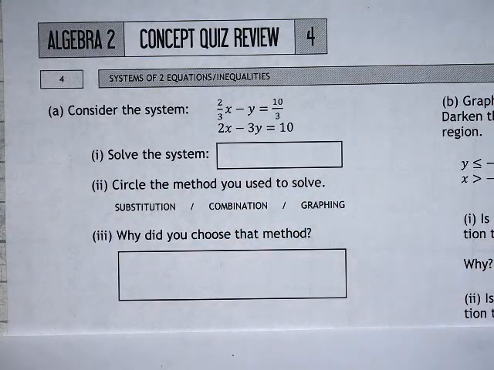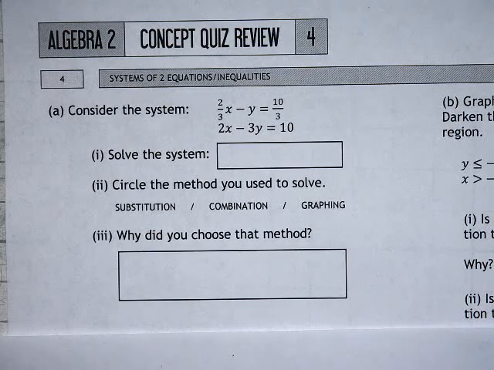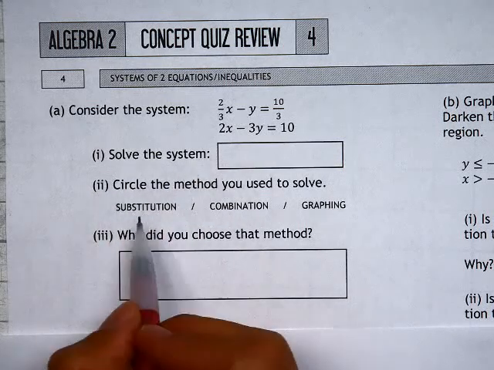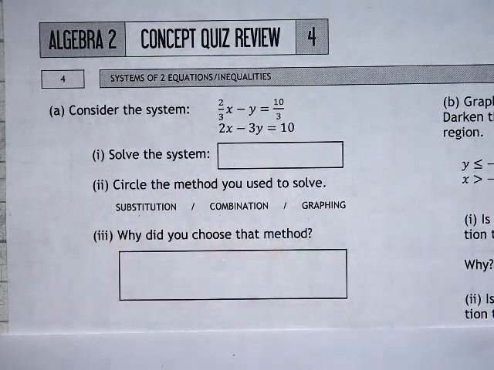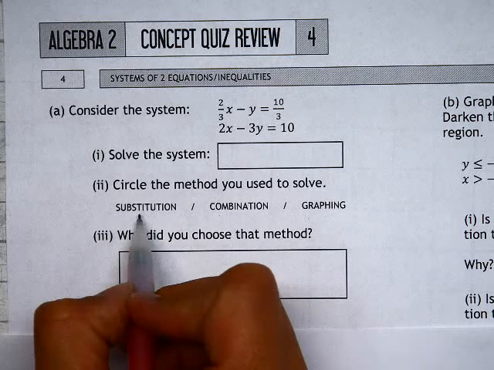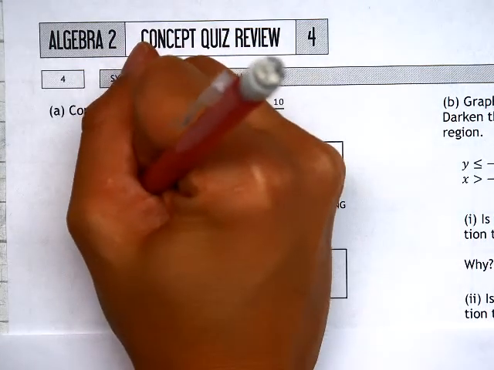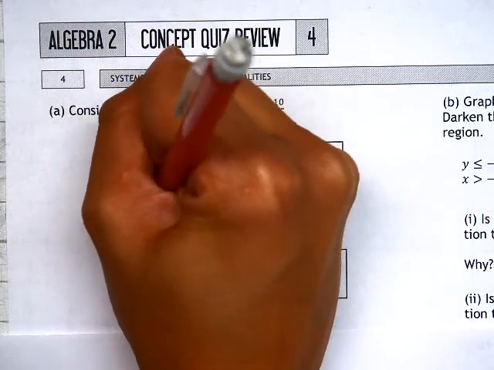So what we're going to need to do is first think about all the different methods we've learned in order to solve. If you fast forward a little bit down to question 2 here, you'll see the three methods that we've talked about in class about how to solve a system of two equations. So to recap, to solve by substitution is usually useful when we have one variable by itself.